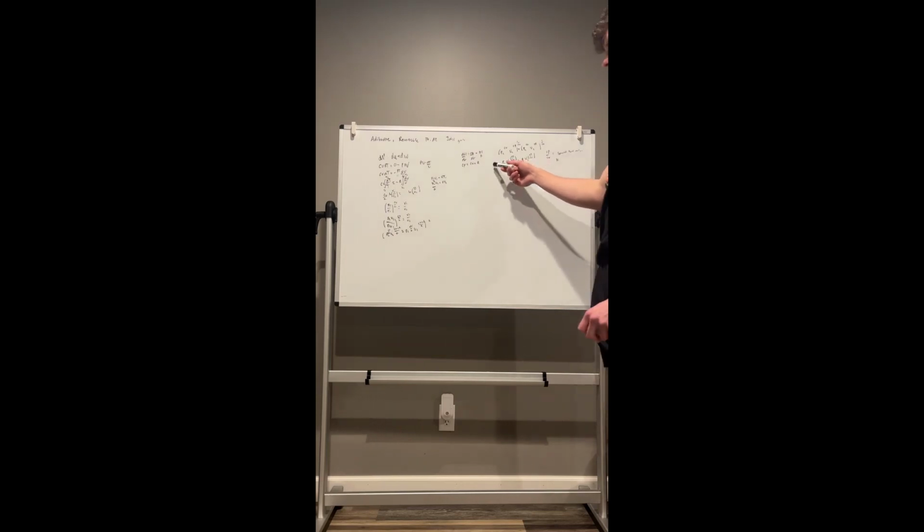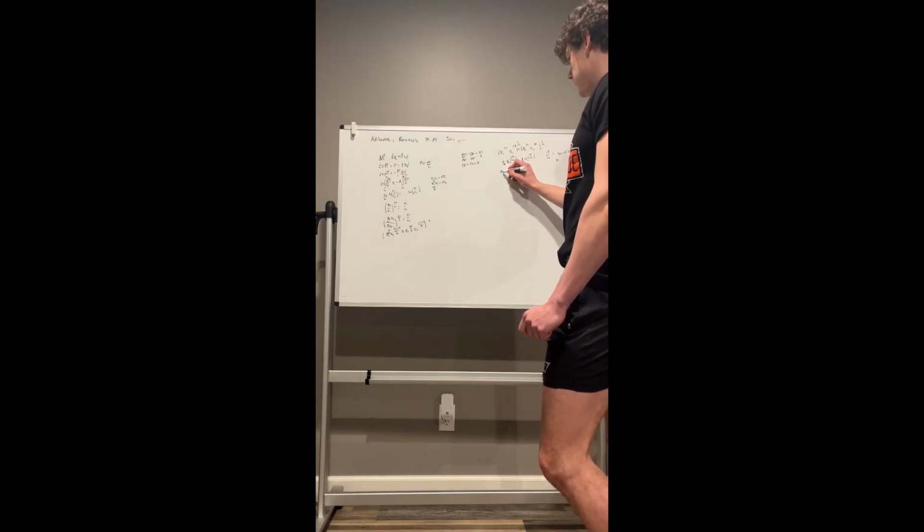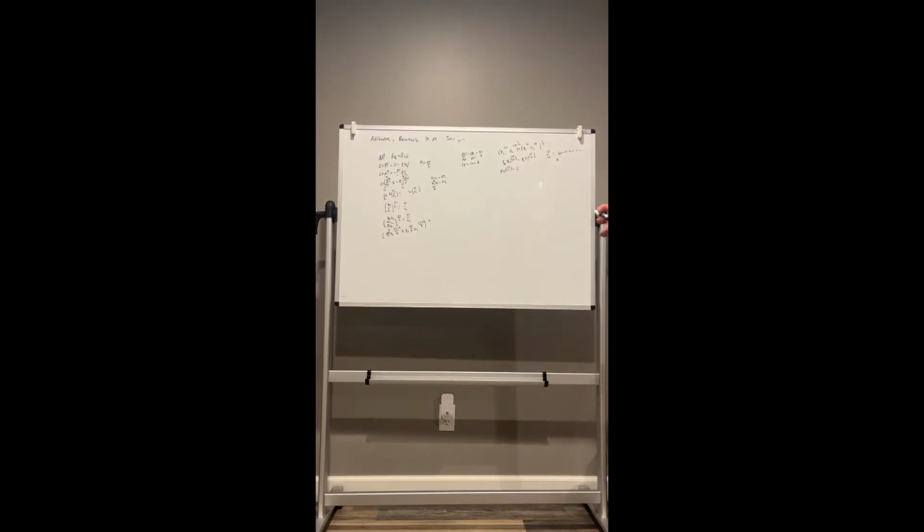And this would be true for any combination of P's and V's, meaning we can essentially make this equivalent to the constant itself. So we'll end up with PV to the Cp over Cv is equal to a constant.